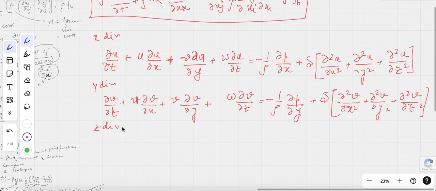Z direction: dw by dt plus u dw by dx plus v dw by dy plus w dw by dz.